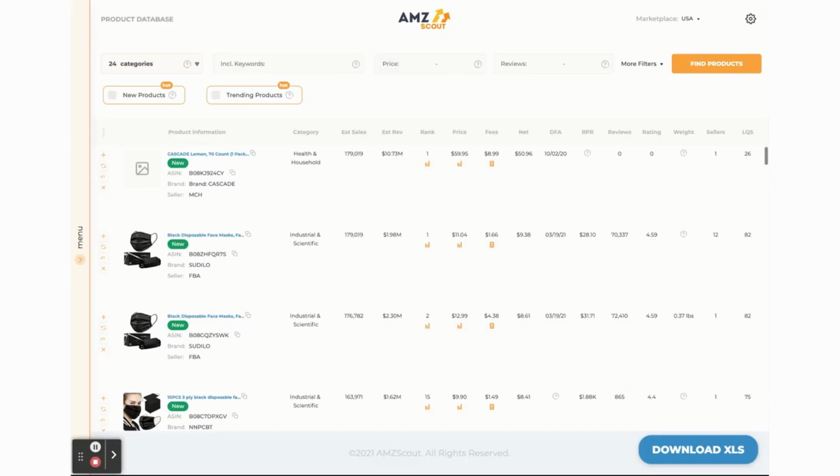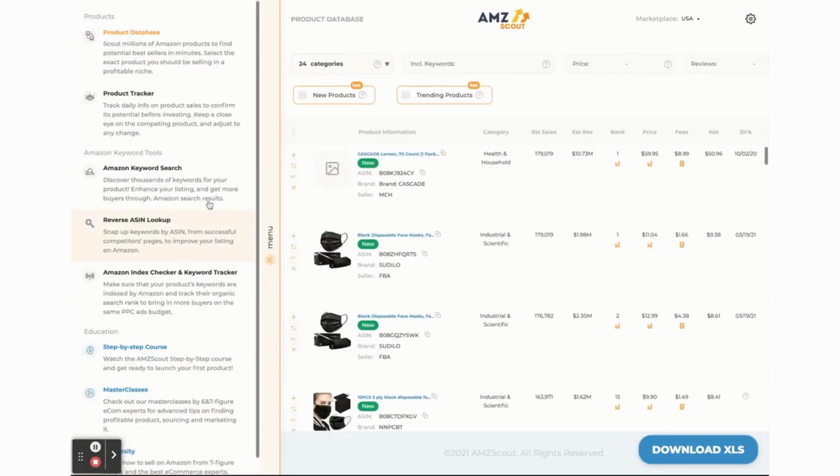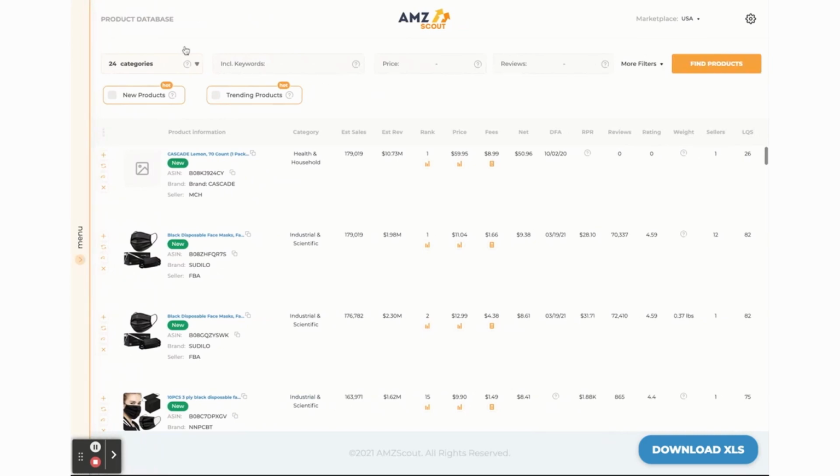And another way that you can do product research, instead of looking outside of Amazon, if you do want to just start from Amazon and look for opportunities, one thing that you can do is you can come to the AMZScout Product Database. If you click on it, you can search specific categories and put in the filters to find opportunities for you.